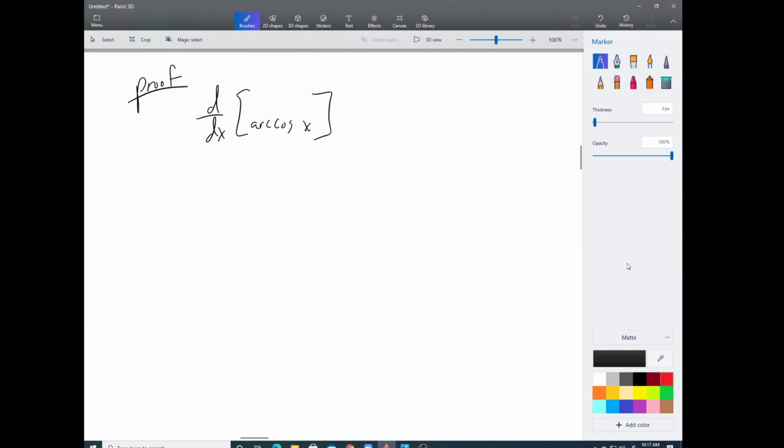So we're going to use that trick again, that we're going to say that y is equal to our function, and therefore the cosine of our y is the ratio. And I use that to make a triangle. This time my x is in the adjacent location, but the hypotenuse is still the same.